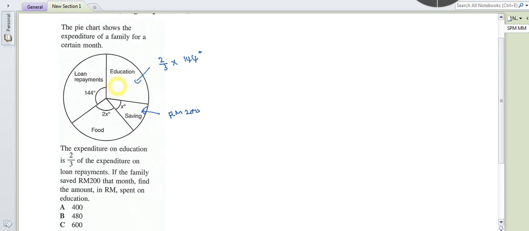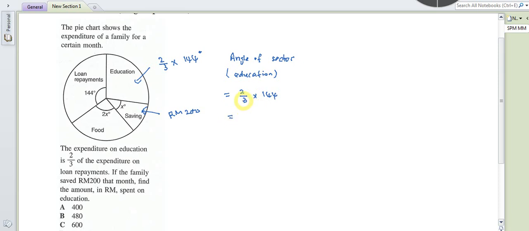So I will always suggest students write all the given information on the diagram, so it is easier for us to solve the question. So since here is 144, we know that the angle of the sector for the education must be 2/3 times 144.